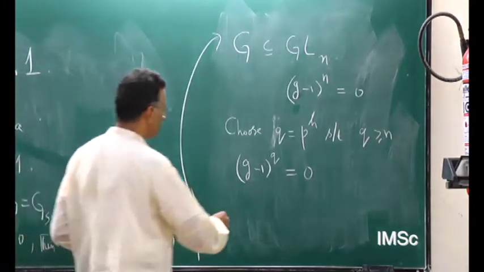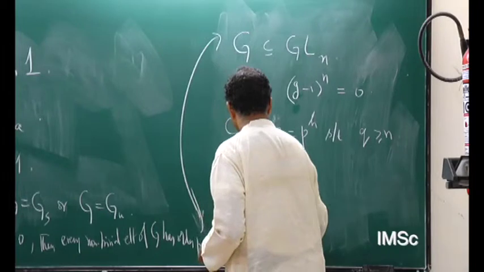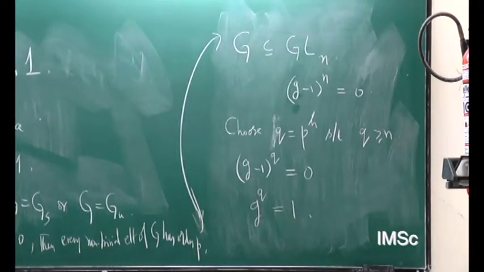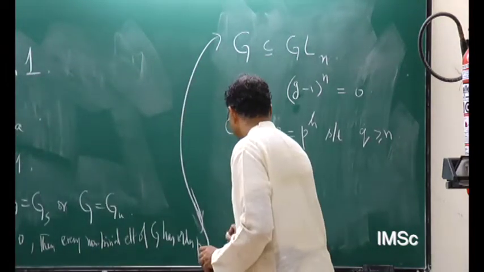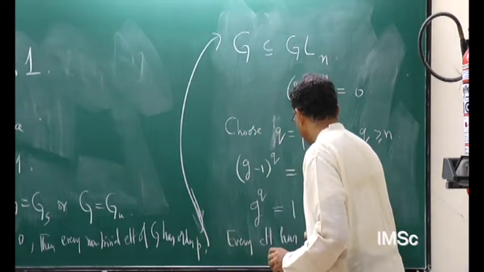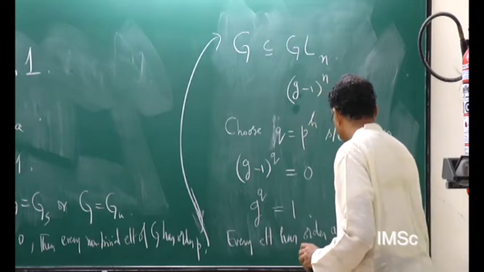So that gives you G to the q equals 1. So what have we proved? Every element has order a power of p.